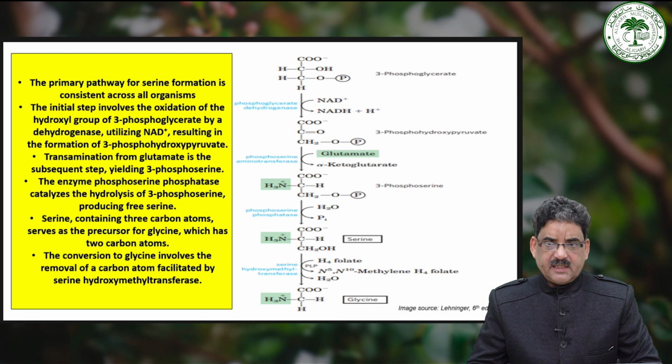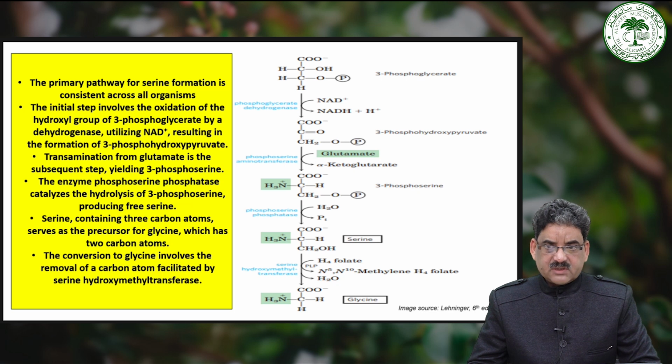This process initiates with the oxidation of the hydroxyl group in 3-phosphoglycerate through the action of a dehydrogenase utilizing NAD to produce 3-phosphohydroxypyruvate. Following this, transamination occurs with glutamate, leading to the formation of 3-phosphoserine.